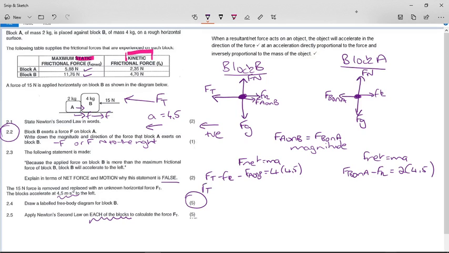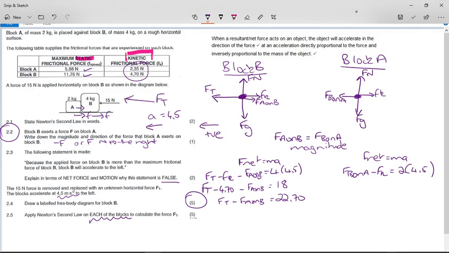We don't know Ft, but from the table here we can get the Fk values. For block B, the Fk was 4,70, so we're going to subtract 4,70, and we don't know FA on B, so we're just going to leave this for now, and 4 times 4,5 is going to be 18. So then I have Ft minus FA on B equals what? 18 plus 4,70 is 22,70.